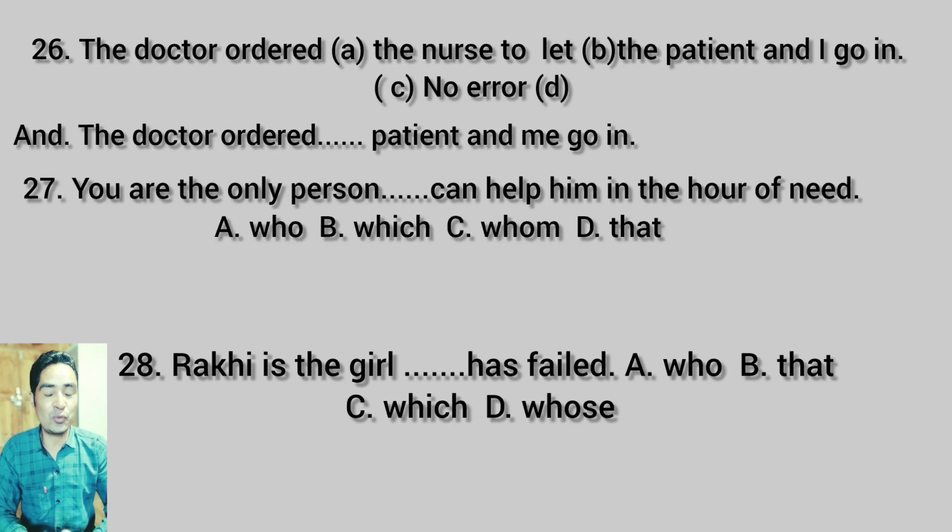That is also used when there are two antecedents, one human being and the second non-human being. Which is used for non-human beings as a relative pronoun, and when we talk about choice and selection, in this case we use which for both human and non-human beings.